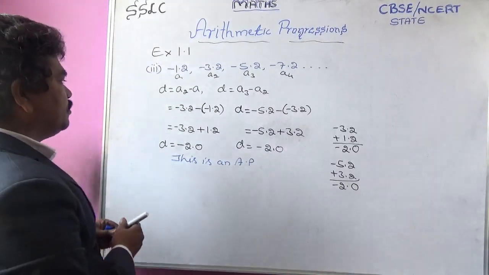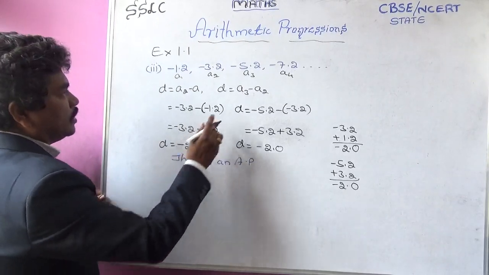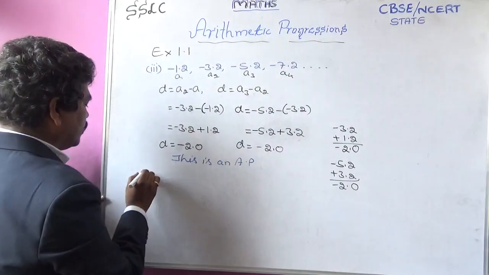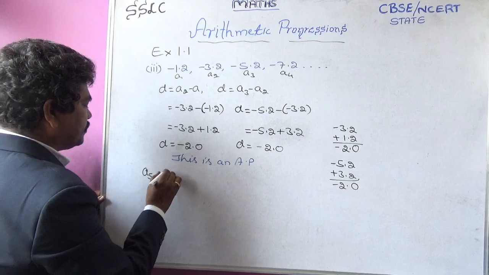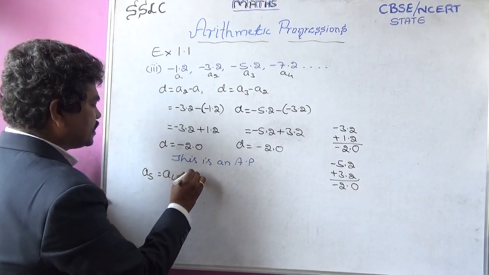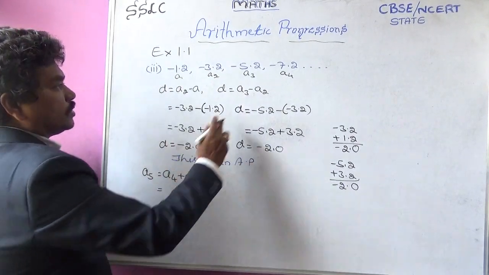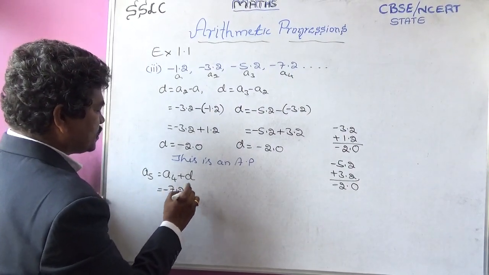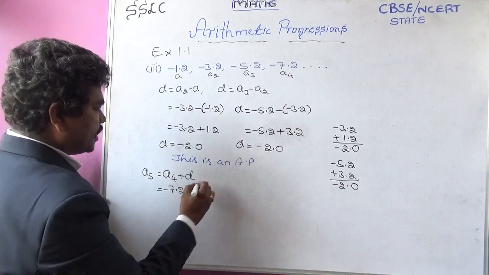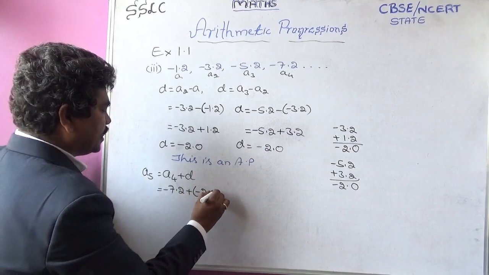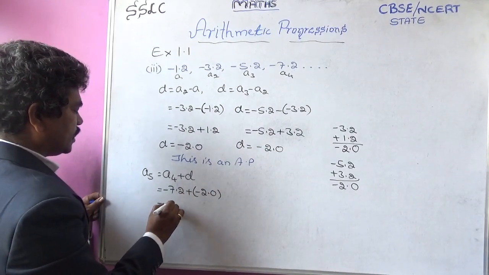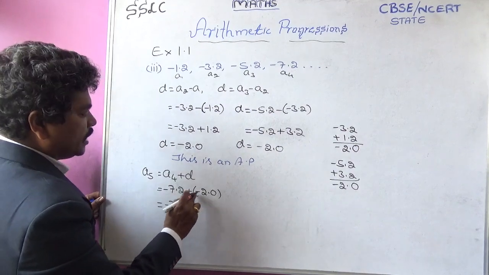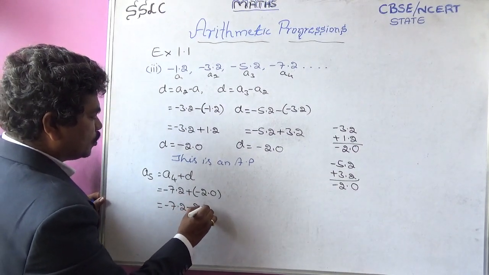For finding 3 more terms, we have to add. So this is the 4th term, and we have to find the 5th term. The 5th term is equal to the 4th term plus D. That is, the 4th term is minus 7.2 plus D, which is minus 2.0. So that gives you minus 7.2, plus into minus, minus 2.0.